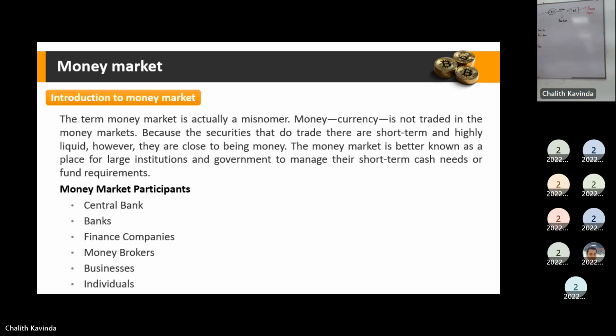Yes, weekly, it would be Wednesday. They may conduct this particular thing. Then what happens? These primary dealers can bid amounts for the treasury bills, right?